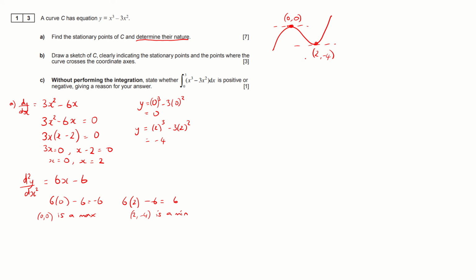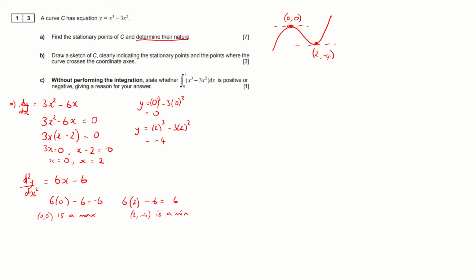My little sketch over here makes sense because this turning point, this stationary point of 2, minus 4, is the bottom. It's the turning point on the way down, then turning back up, and then 0, 0 is the maximum, the opposite. It doesn't have to be the tallest point on the graph, because this graph is going to keep on going higher, but it's the maximum stationary point.